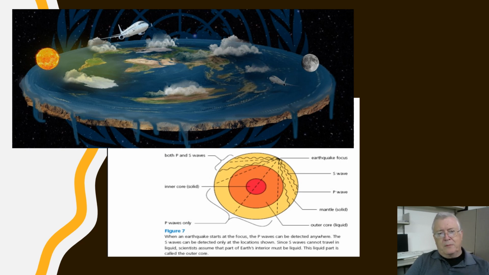So the P waves and S waves that go through the crust or whatever that is of the Earth, they're just going to reach the bottom and stop, and we're not going to be able to detect the same waves in South America over there or Australia, because they're not going to go that direction. They go through to the bottom of this flat Earth plane or whatever.